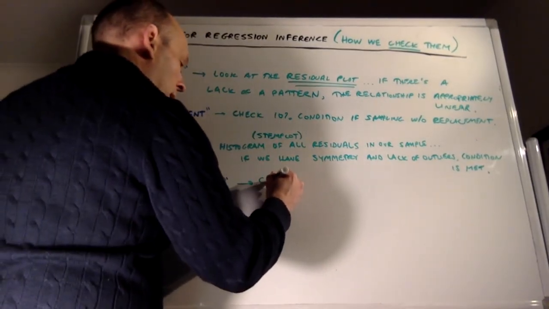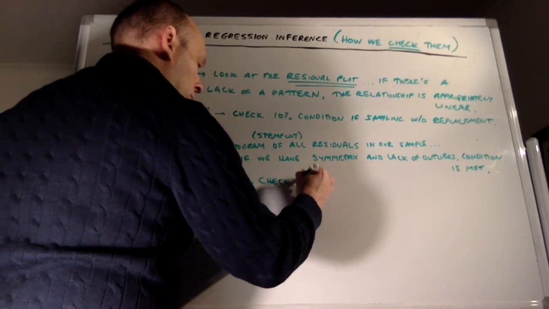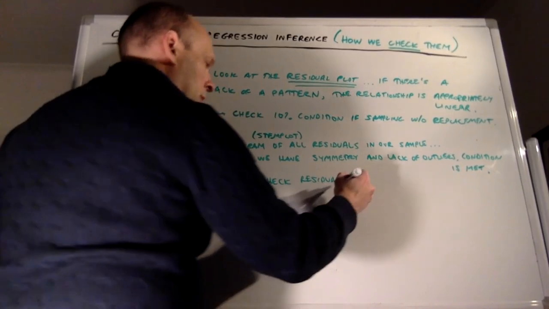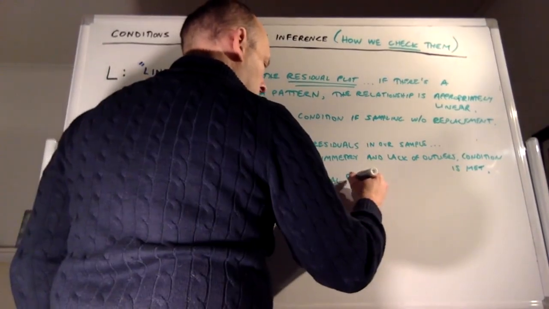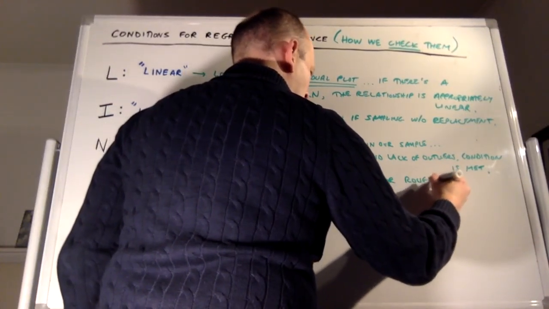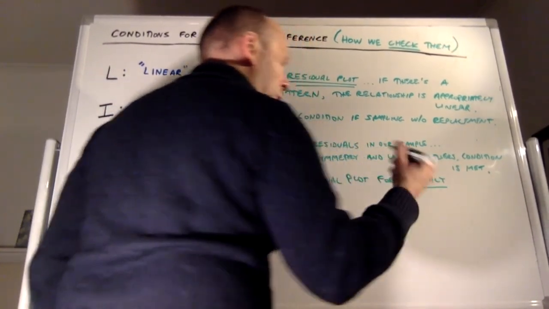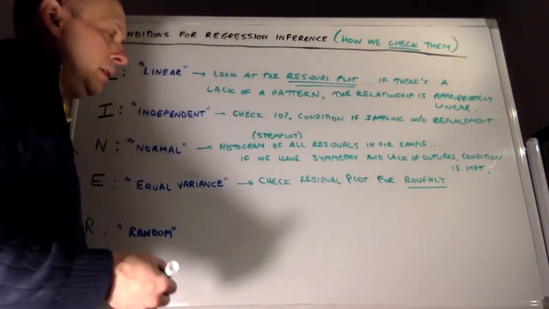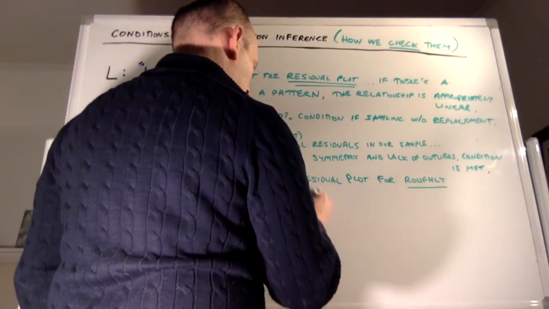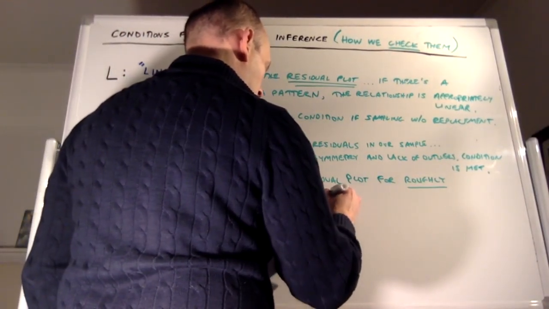So check residual plot, and we're saying very roughly, because we're never going to see equal variance exactly. Check residual plot for roughly equal variance at each X.